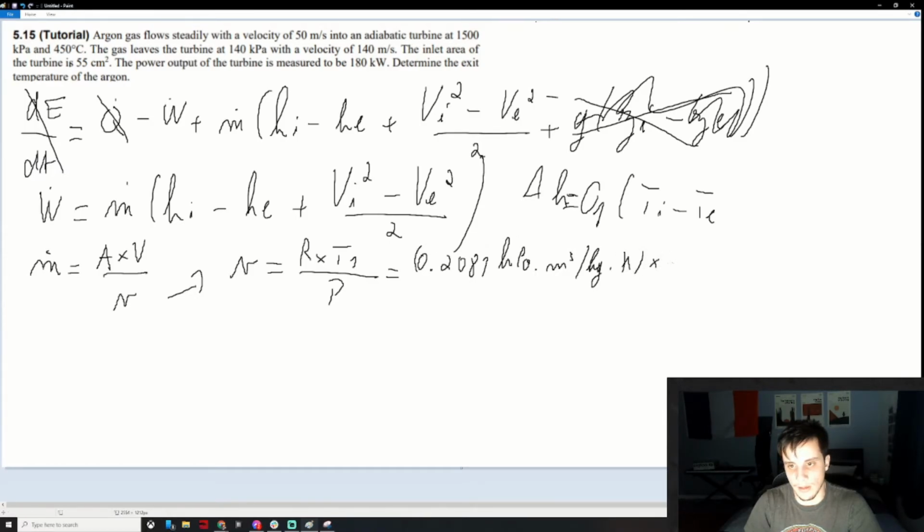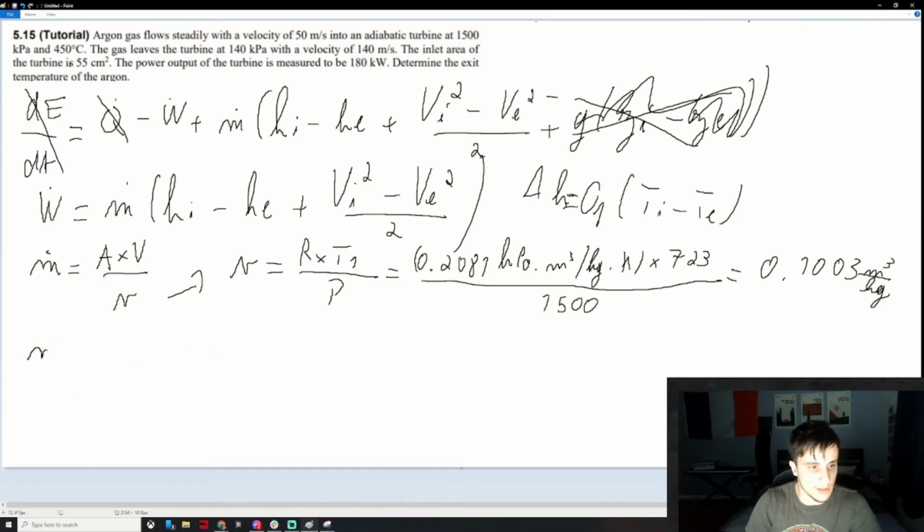That's R times the temperature, which is 723 Kelvin. Make sure to convert to Kelvin because you're multiplying this time. And then pressure is 1500. And that's going to give you a specific volume of 0.1003 meters cubed per gram.